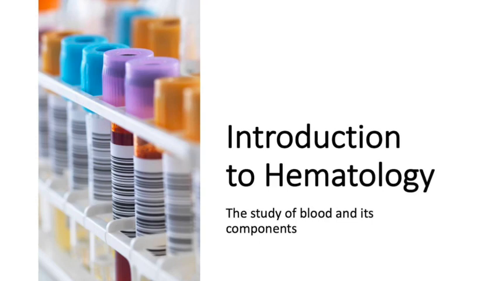Decreased RBC count: blood loss, acute or chronic; hemoglobinopathies, for example, sickle cell disease, thalassemia; bone marrow disorders, for example, leukemia, multiple myeloma, lymphoma; kidney failure, decreased erythropoietin production; nutritional deficiency anemias, iron, vitamin B12, folate. The normal range for RBC count is 4.5 to 6 million/microliter in males and 4 to 5 million/microliter in females.